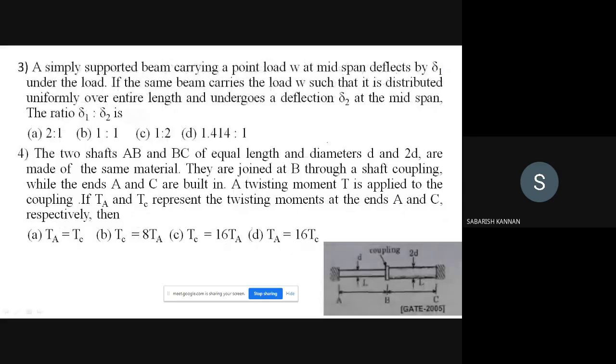Okay, so we have two. Del 1 equal to WL cube divided by 48 EI.